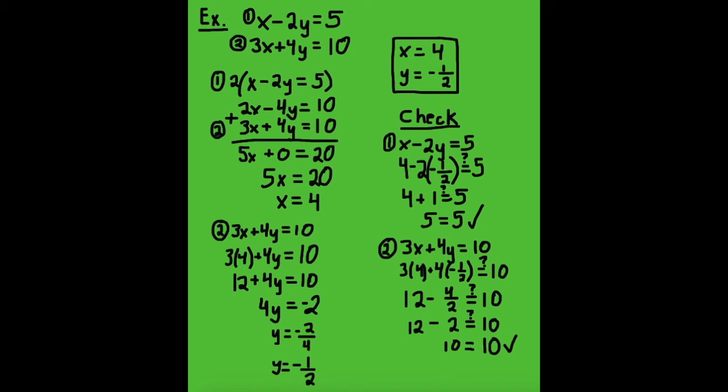Let's try another example. Let's say we have the problem 2x plus y equals 3 and 4x plus 2y equals negative 1. I'll put a 1 next to this equation and a 2 next to this equation. We have to get rid of either the x's or the y's to solve this problem.